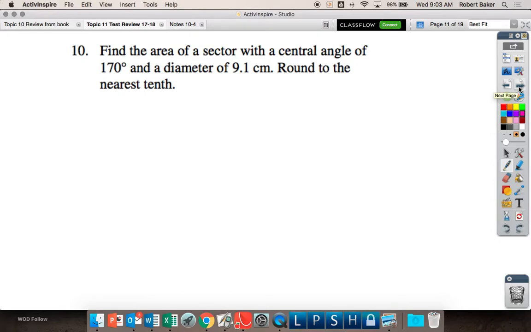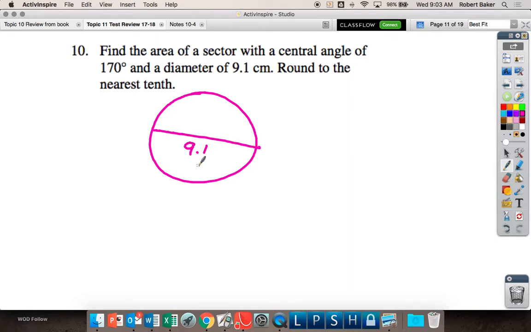Oh, here we go. Find the area of a sector with a central angle of 170 and a diameter of 9.1. Round your answer to the nearest tenth. That's 1 decimal place. So we have a circle. The diameter is 9.1, and your central angle is 170. So we're trying to find the area of that wedge.